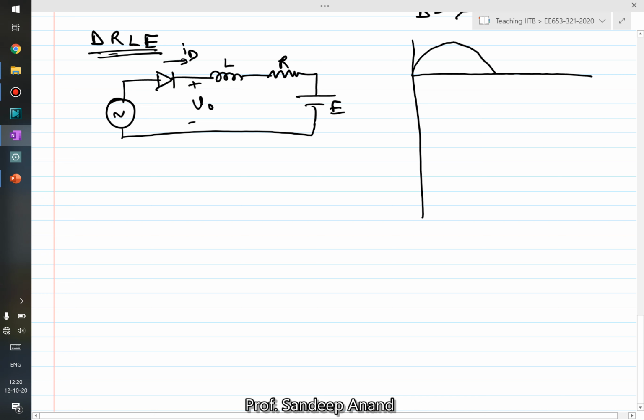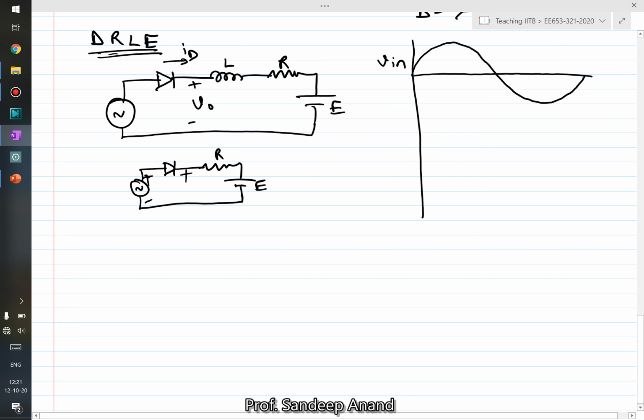So let me draw the input voltage first. Let's first start with the simpler circuit just to understand things. Let me assume that there is only R and E. Let me neglect the L, which is true sometimes because the inductance value might be really small. So if I only have R and E, then at t equal to 0, my input voltage is 0.